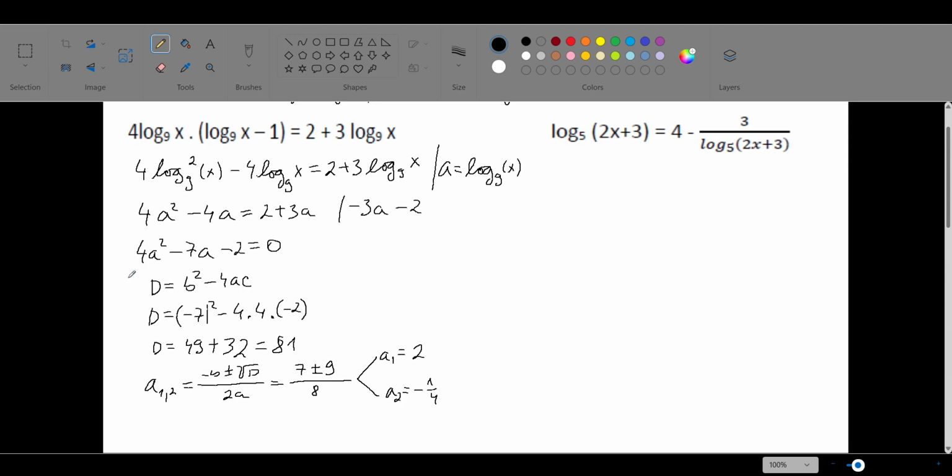So as we have the solution of our quadratic equation, we have to do the substitution, which means we already know the value of the a from this equation.